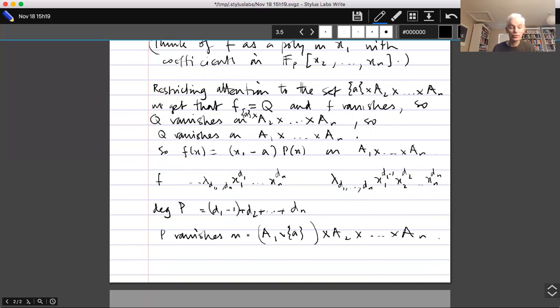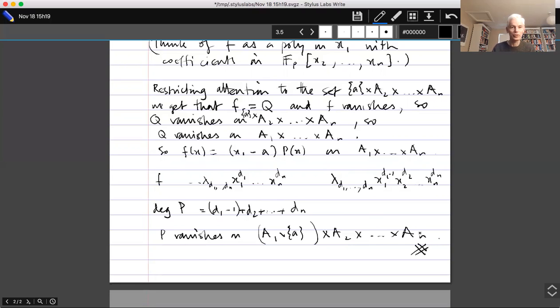But now by induction, this is a contradiction, because P can't vanish on this set since it has this degree and it has a non-zero term here. So I'll just say contradiction.